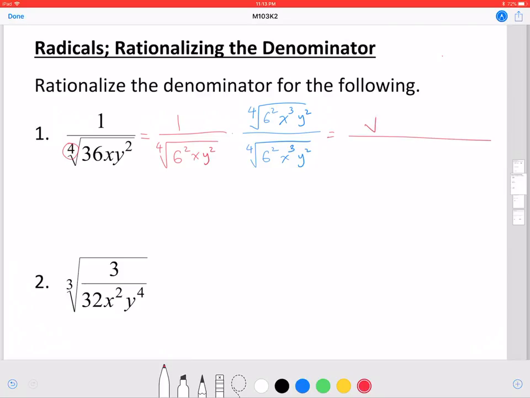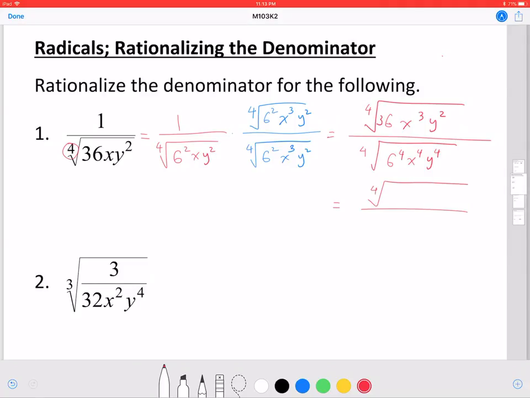On the numerator, instead of 6 squared, let me just write 36 x cubed y squared. And the denominator is 6 to the fourth power, x to the fourth power, y to the fourth power. Remember, the fourth power and the fourth root cancel each other out.